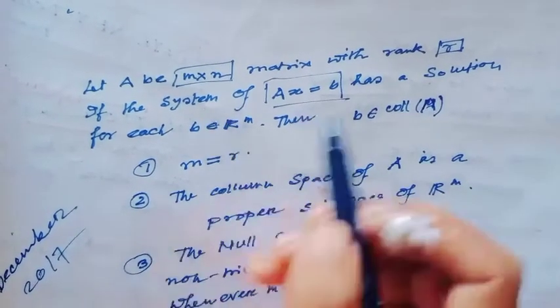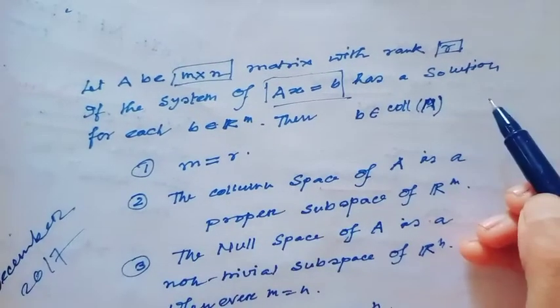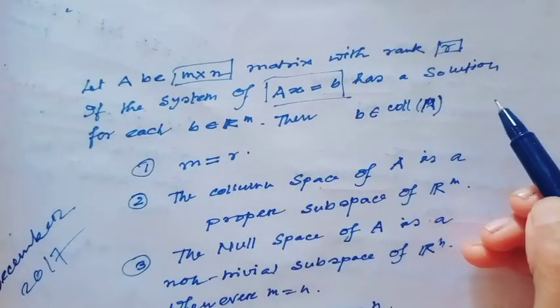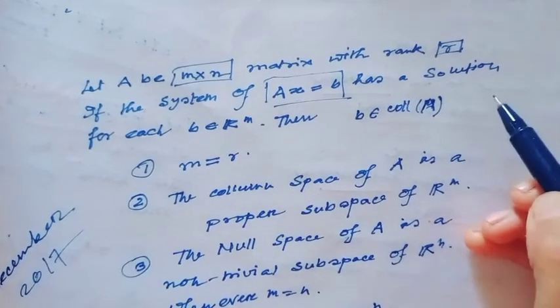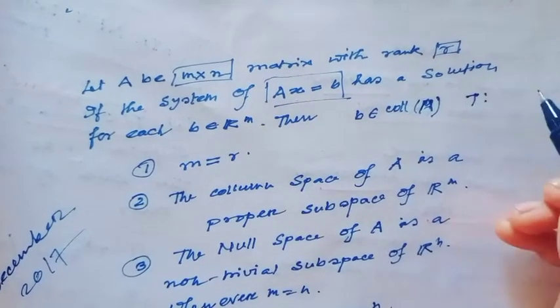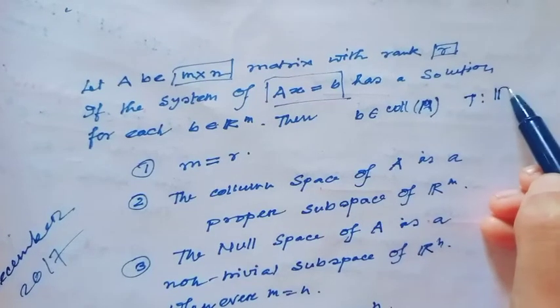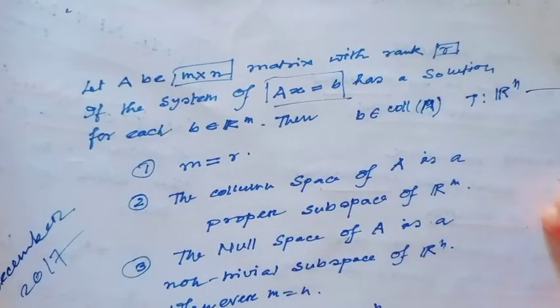Where A is an m cross n matrix, we all know every matrix has a linear transformation, and here the linear transformation looks like this: T is a linear mapping from R^n to R^m.